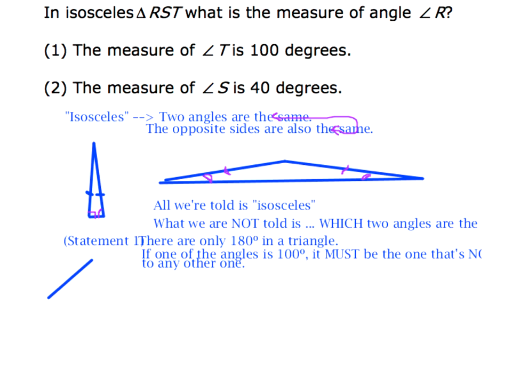So that means that you're looking at a triangle that looks like this, where there is your 100 degrees. And so then there's 80 degrees left over, so it's 40 and 40. That means that angle T is definitely the angle that is unique, and then angles S and R in some order are those.